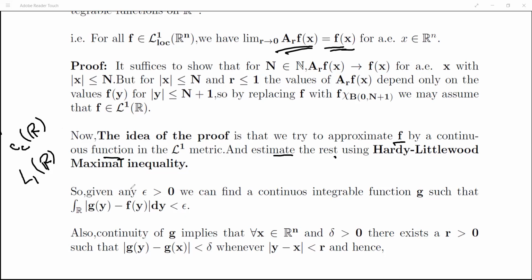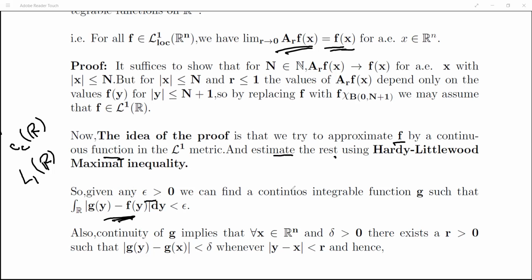The compactly supported continuous functions form a dense subspace of the space of all L^1 functions. So basically, you can approximate your function f by continuous functions in the L^1 norm.